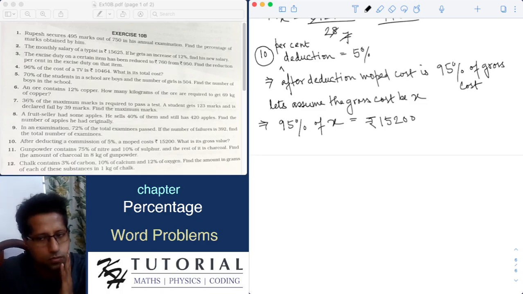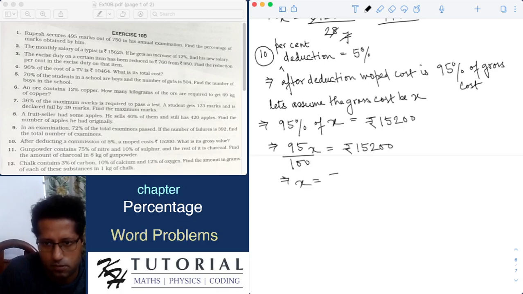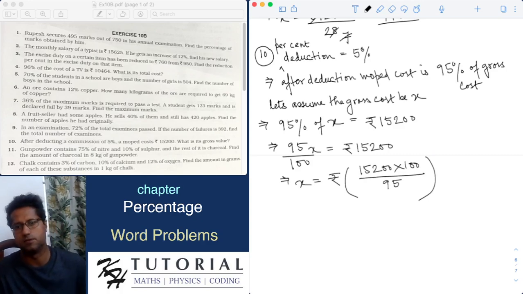This should be equal to 95% of X, where X is the gross cost. This implies 95 by 100 into X equals rupees 15200. This implies X equals rupees 15200 multiplied by 100 divided by 95. Now we have to simplify this.